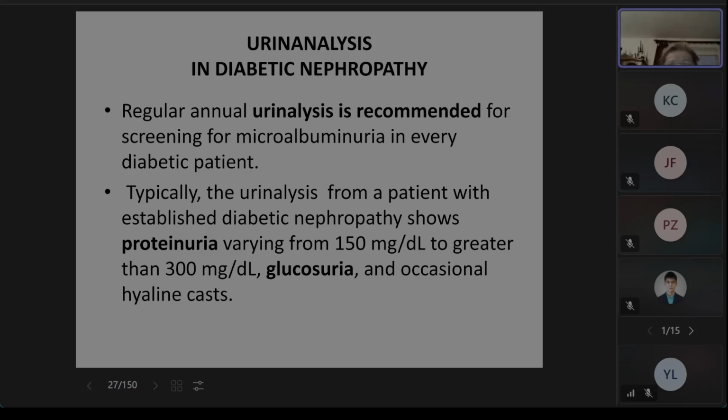Glucosuria can inform us about poor metabolic control of diabetes mellitus, whilst proteinuria lower than 300 milligrams per day means these are reversible changes, but if the daily proteinuria is over 300 milligrams, we can say overt proteinuria, and unfortunately, these changes aren't reversible.